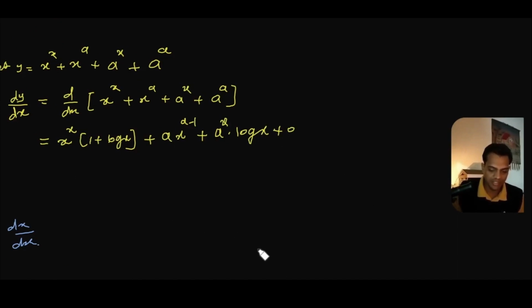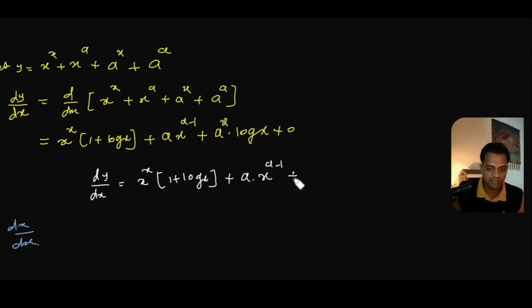So finally I will get dy by dx is equal to x raised to x into 1 plus log of x, plus a into x raised to a minus 1, plus a raised to x into log of a. So this will be our final output.